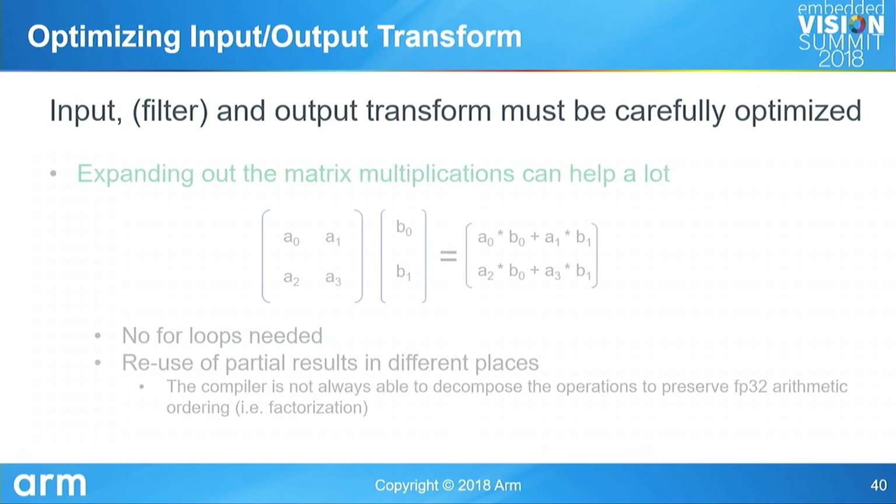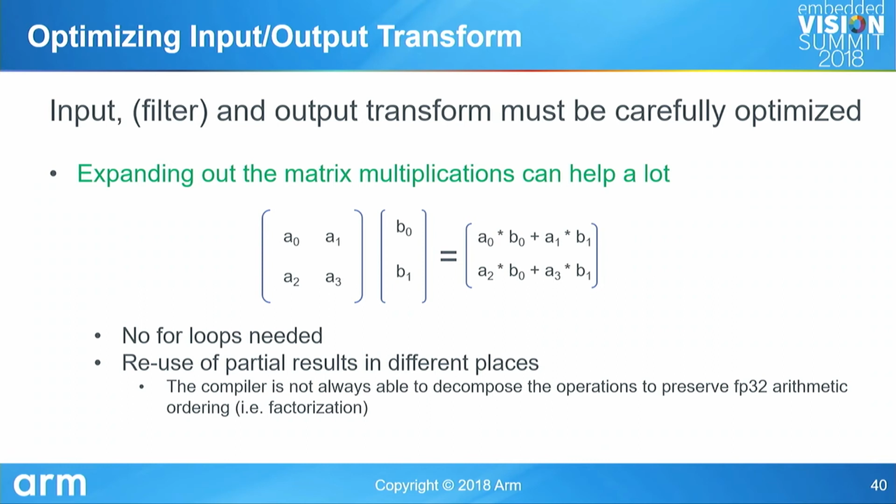So the idea for optimizing the input transform and the output transform is to expand out the matrix multiplications. And the reason is simple, because if we expand out the matrix multiplications, we don't need any for loops, okay? Which is pretty important. We don't have any branches in our code. But also more important is this, so we can reuse partial results in different places of the code.